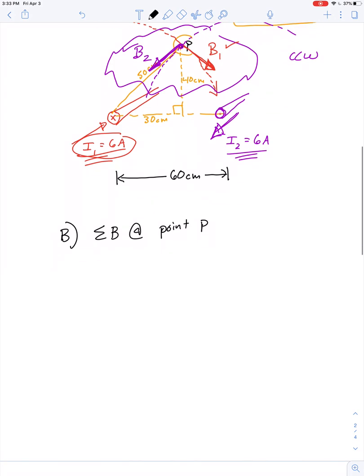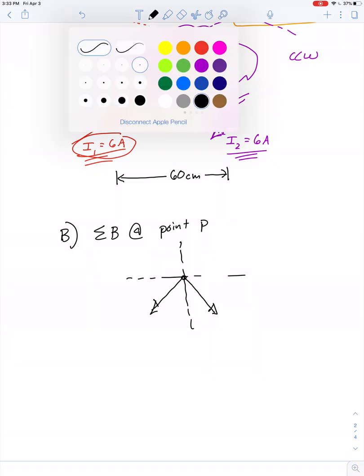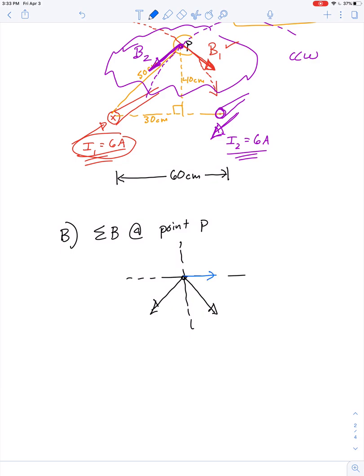So it looks like some components are going to cancel each other out, right? When you have two vectors that point in these two directions, you could break those vectors into components, and there's a component to the right that we can call B1 subscript x, and then there's a component to the left from magnetic field number 2 we'll call B2x, and because of the symmetry of this problem, we know those are going to be equal, and so there is no overall magnetic field along the x-axis.